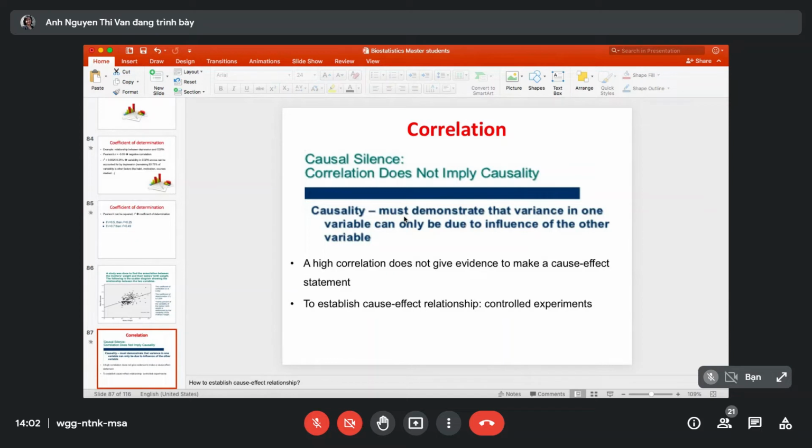So it's really important to remember that the correlation test just gives you the correlation. It doesn't mean causality, it doesn't mean the cause-effect relationship, even when the correlation is very strong. Pay attention to that.